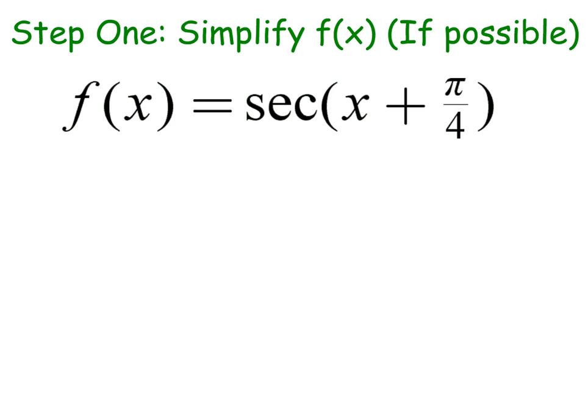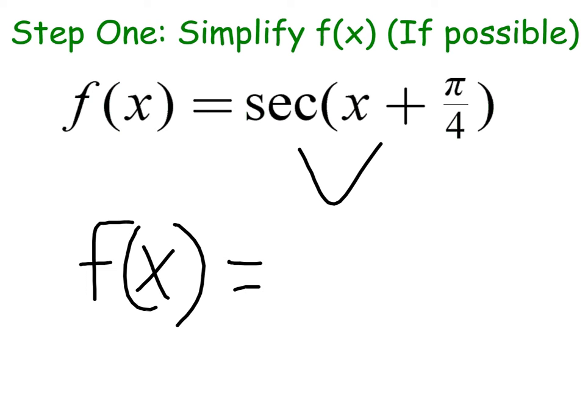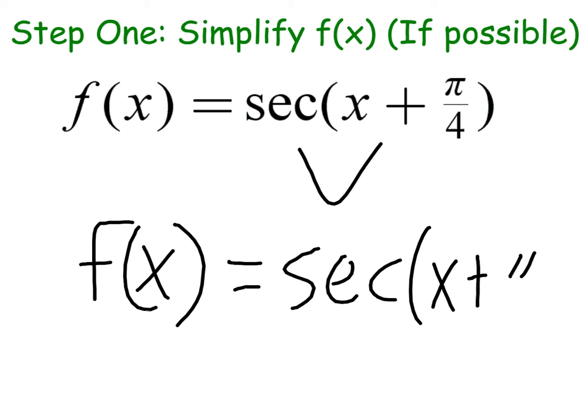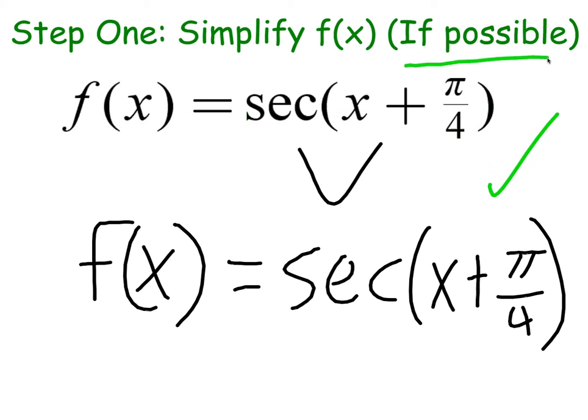Okay, now step 1, we're still going to go through the same steps. We're going to see if there's any way we can simplify this whatsoever. But in fact, there's not any identity we've learned that does not involve pi over 4, as far as I know. You can try as much as you want, you're not going to get anywhere. So we're just going to have to leave it that way. That's why it says if possible.